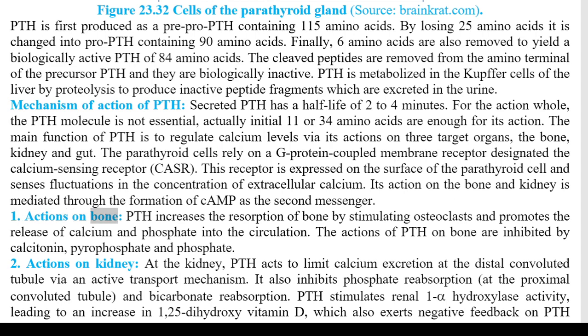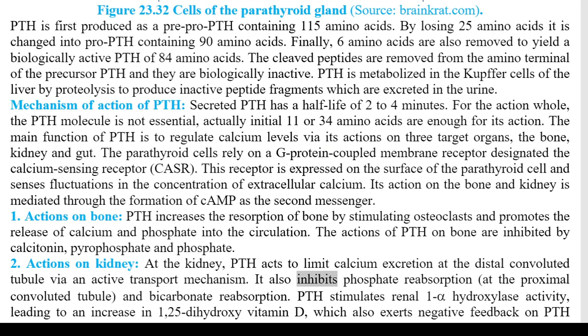1. Actions on bone. PTH increases the resorption of bone by stimulating osteoclasts and promotes the release of calcium and phosphate into the circulation. The actions of PTH on bone are inhibited by calcitonin, pyrophosphate, and phosphate. 2. Actions on kidney. At the kidney, PTH acts to limit calcium excretion at the distal convoluted tubule via an active transport mechanism.